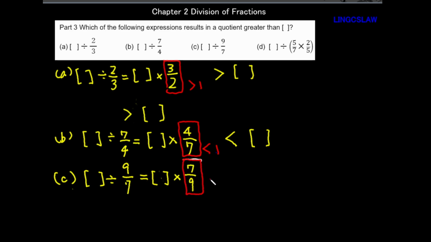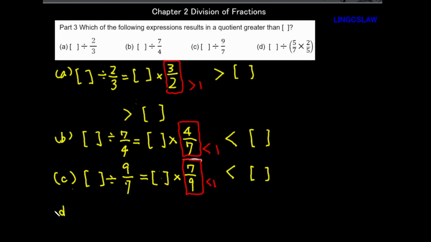So multiplying by 7 over 9, this number will be smaller than the original one.